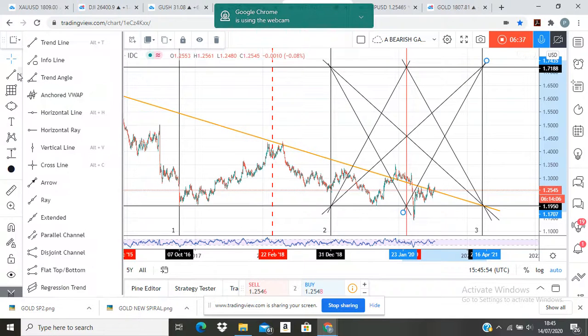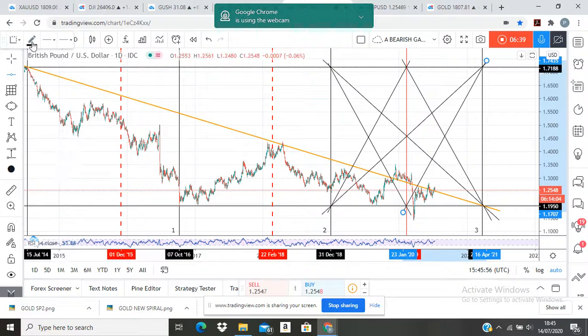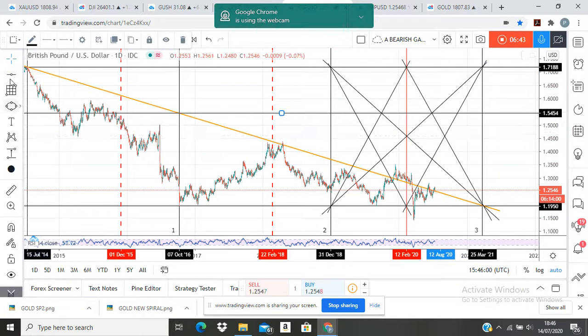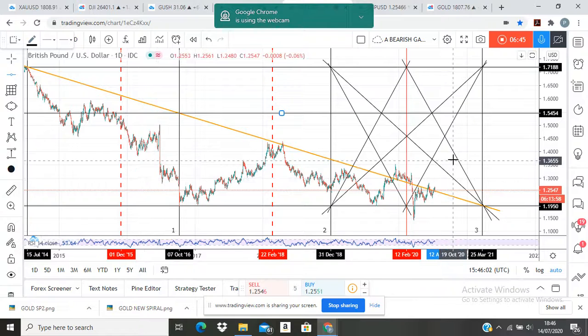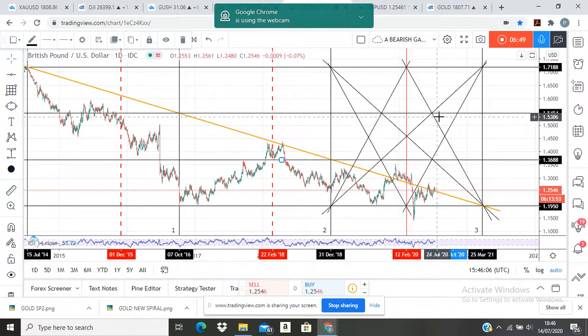So we will put a line at this intersection and another one at this intersection. So this is one side: one, two, and then three. We have just divided the square into thirds.